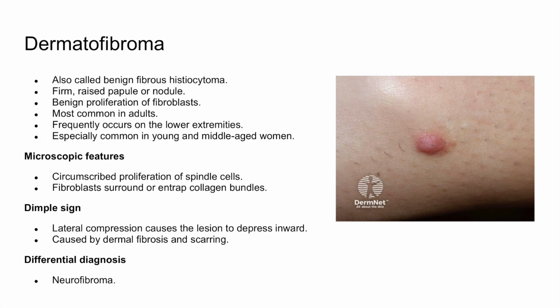Histologically, spindle-shaped fibroblastic cells surround and entrap collagen bundles at the lesion's edge. Dermatofibromas are usually factor XIIIa positive and CD34 negative. That immunostaining pattern helps distinguish them from dermatofibrosarcoma protuberans, which is typically strongly CD34 positive.